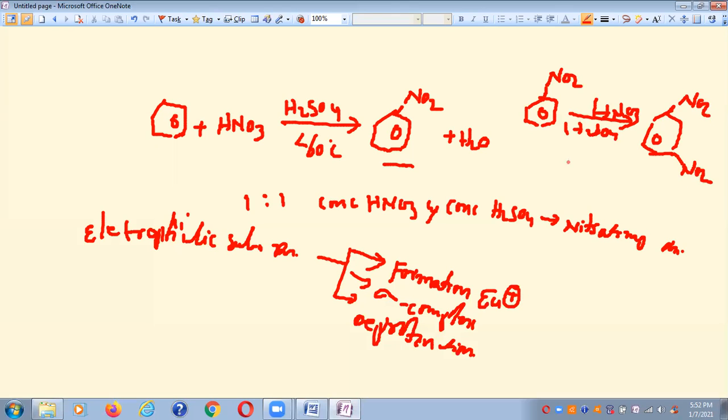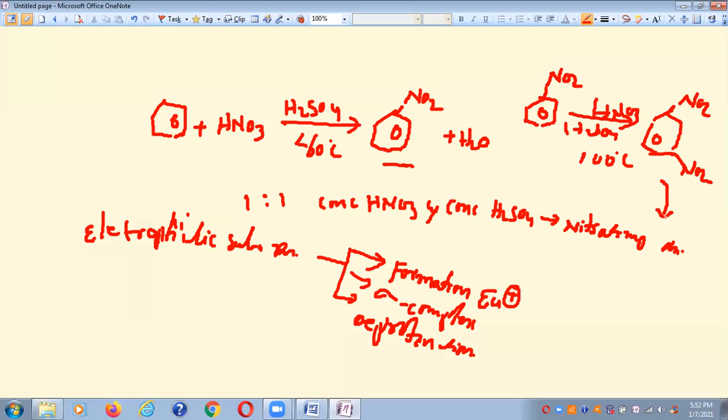If we maintain the temperature around 100 degrees centigrade, our expected product, nitrobenzene, further undergoes nitration and produces dinitrobenzene.